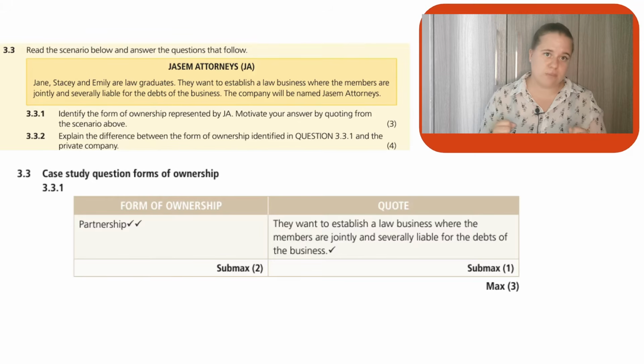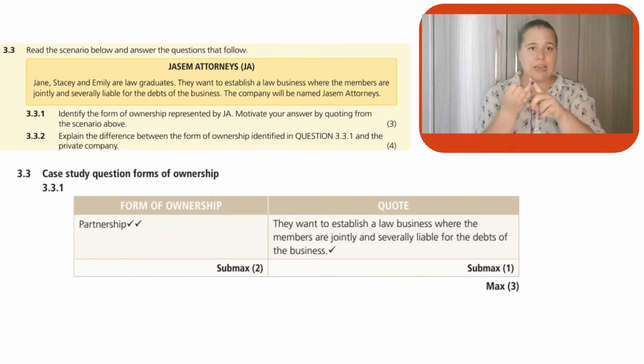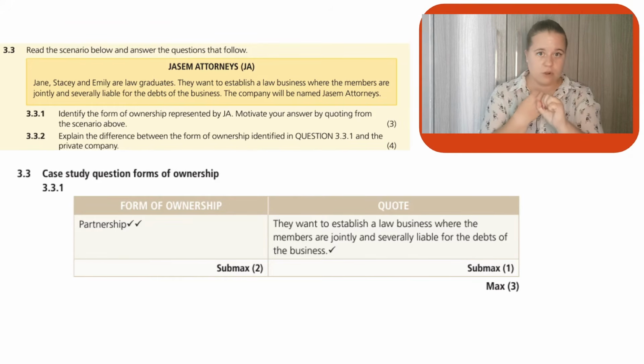The company will be named Jassim Attorneys. You will still get the marks. You get the 2 marks for your partnership, but you won't get the mark for quoting. So remember, if you have named correctly and quoted correctly, you'll get the 3 marks. If you have named correctly but quoted incorrectly, you'll get the marks for just naming, but no marks for quoting. If your quote is correct, but your naming is wrong, 0.